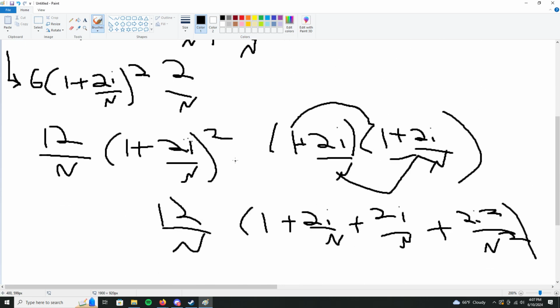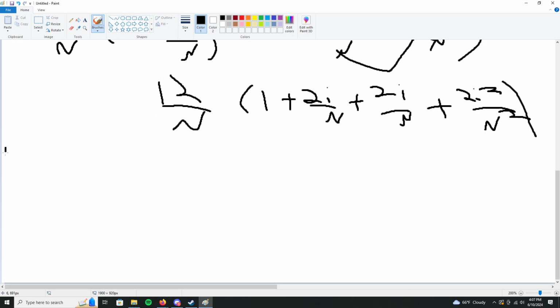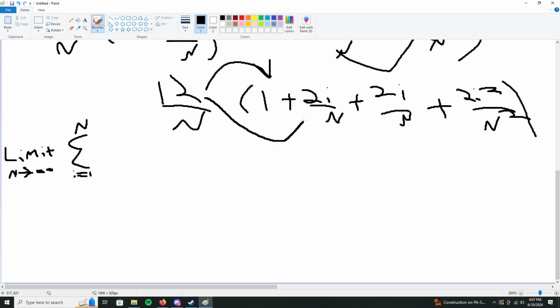Kind of running out of space. So let's do the limit as n approaches infinity. Then you're going to multiply this out, just multiply by each term.